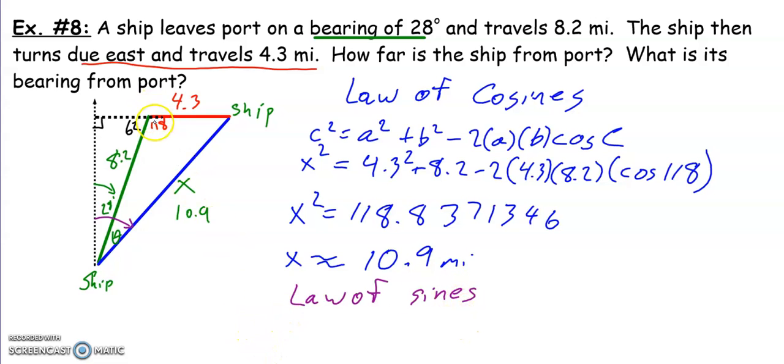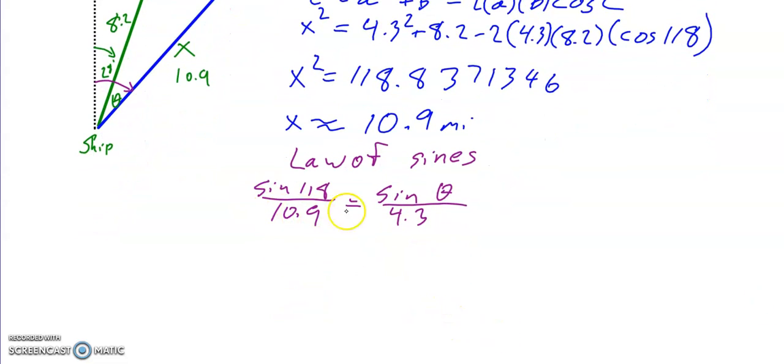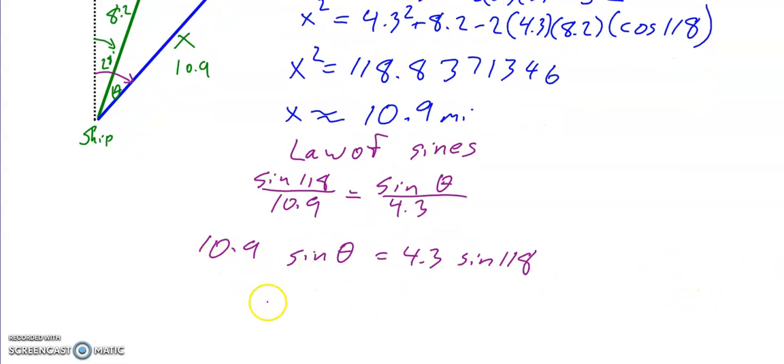The law of sines says the sine of an angle over the side opposite. So the sine of 118 over 10.9 equals the sine of an angle, we're going to call it theta, over the side opposite, 4.3. Now we can cross multiply. 10.9 sine theta equals 4.3 sine 118. Divide both sides by 10.9.